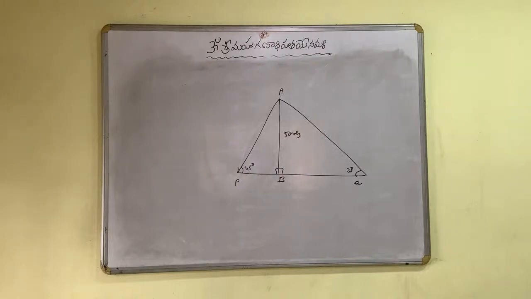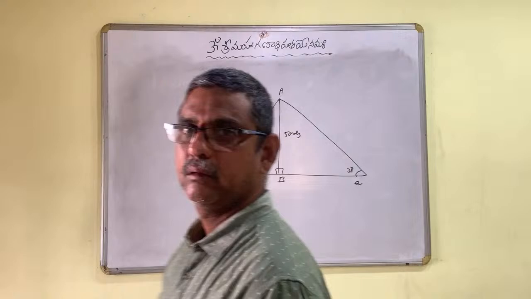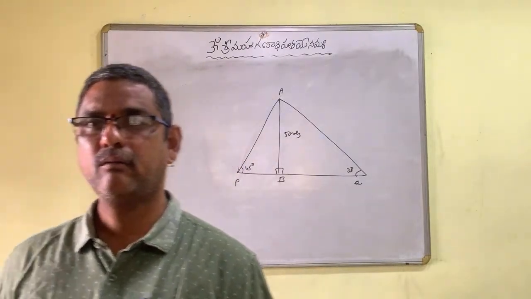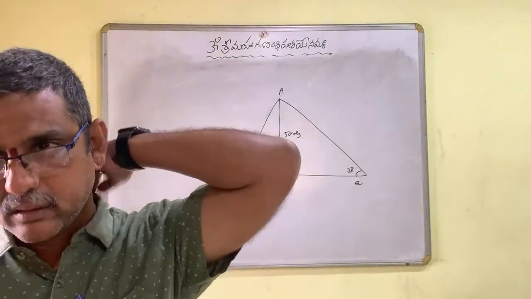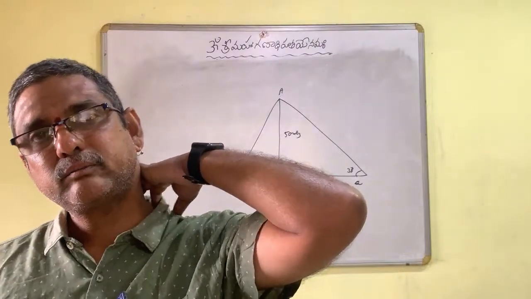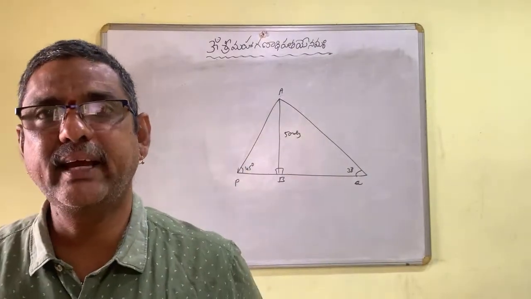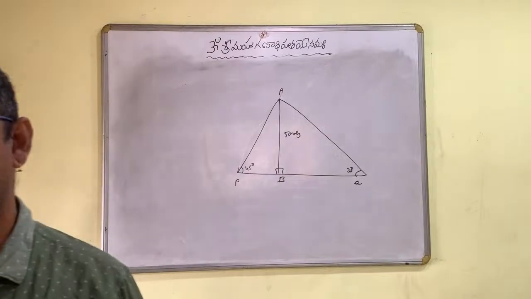Find out PB and BQ, children. Find out PB and BQ fast. PB you can say clearly, na?